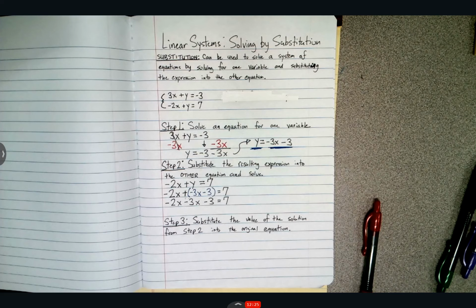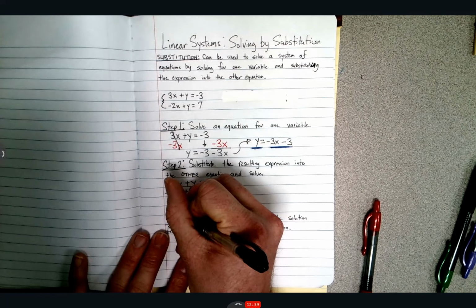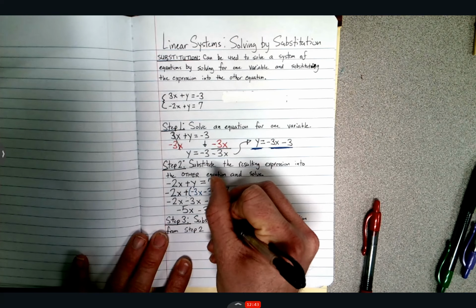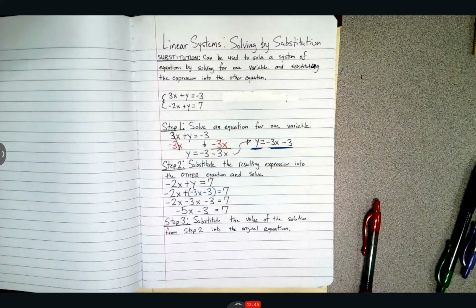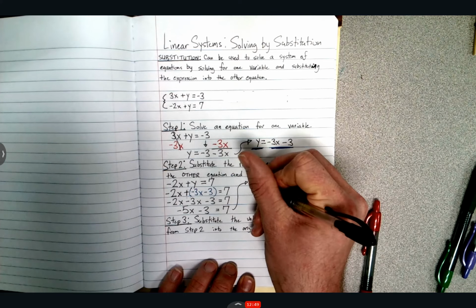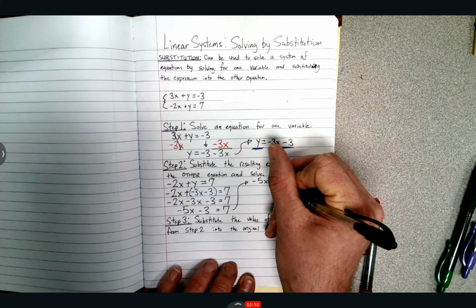The first step, do you see any like terms in that equation? Negative 2x and negative 3x. Those are the two terms I see that are like terms. So I can combine them and I get negative 5x minus 3 equals 7. I'm going to take it back up to the top so I have more room to solve.